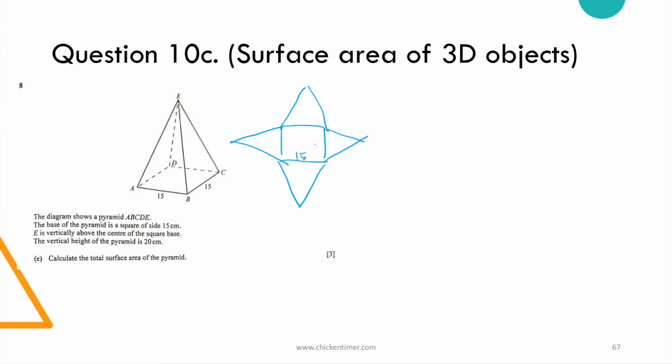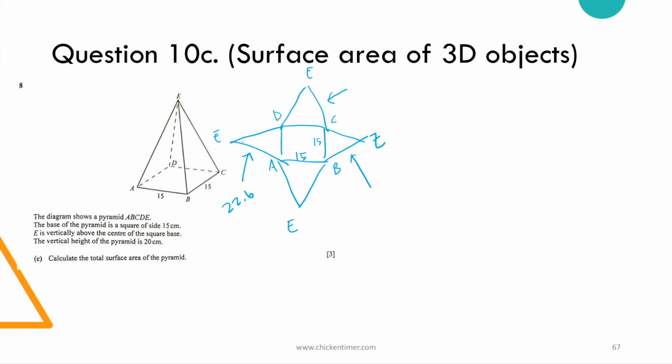So we fill in some information. And there'll be E here, E here, E here, E here. So then we know AE is 22.6. Everywhere else is the same. Every one of these sides will also be 22.6.